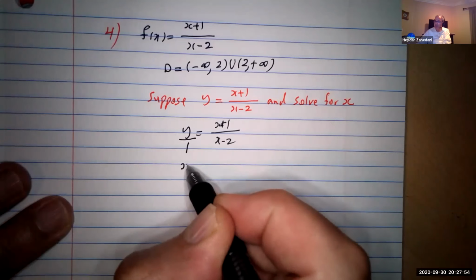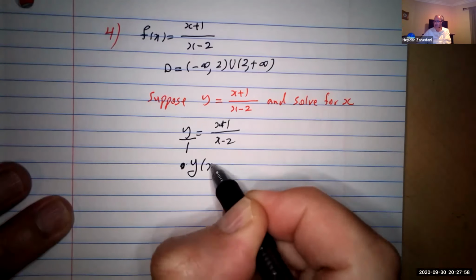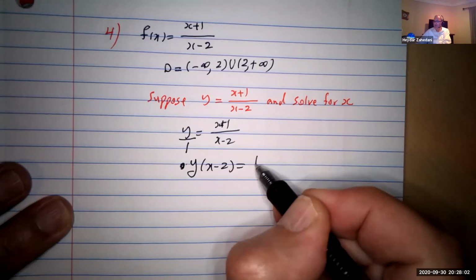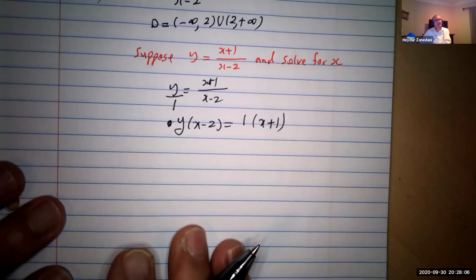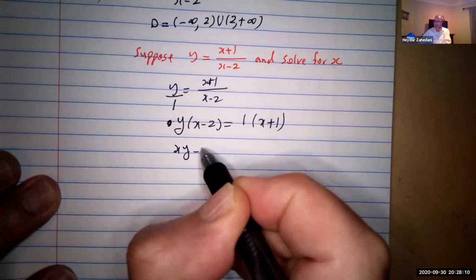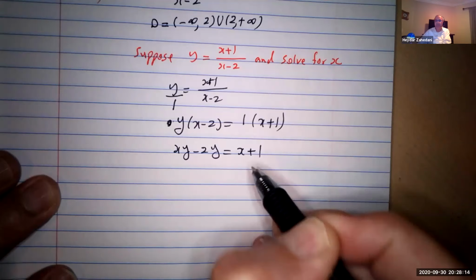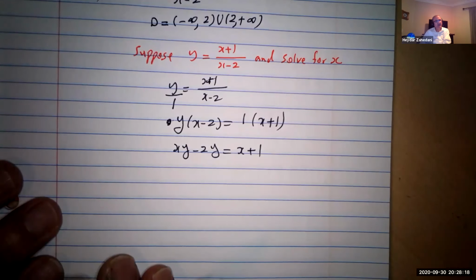So that gives y times x minus 2 is equal to 1 times x plus 1. Remember, you want to solve for x, so distribute. That gives you xy minus 2y equal to x plus 1. In order to solve for x, you have to isolate all the x's on one side of the equation.